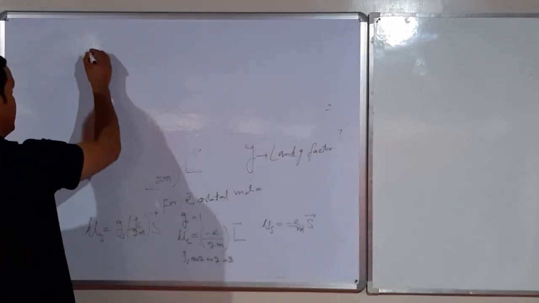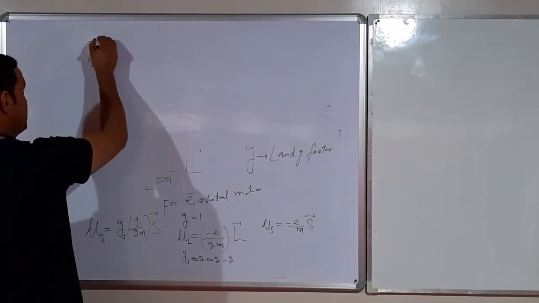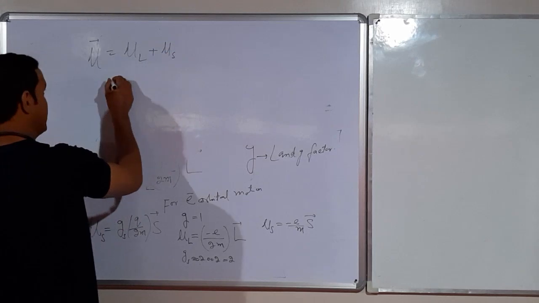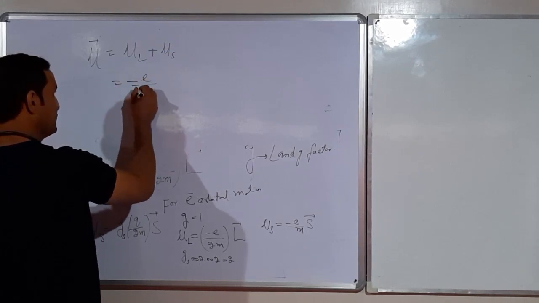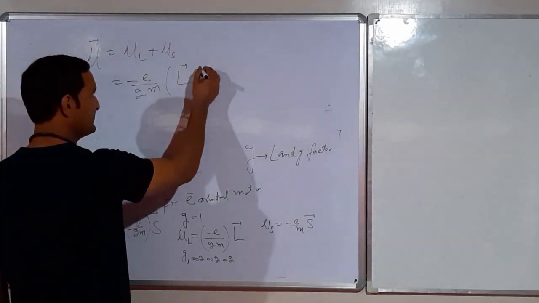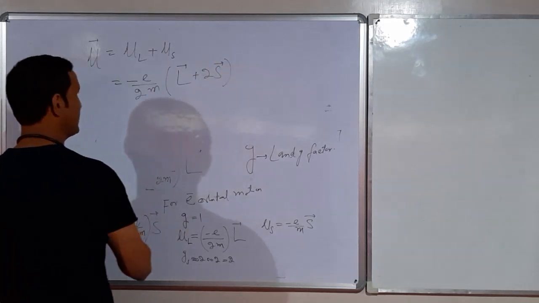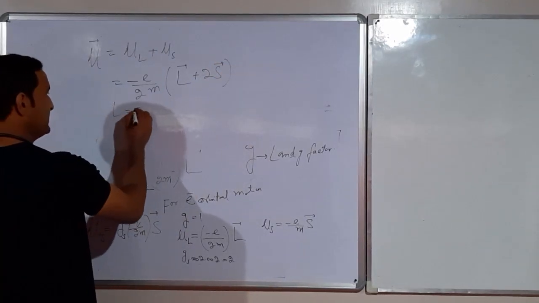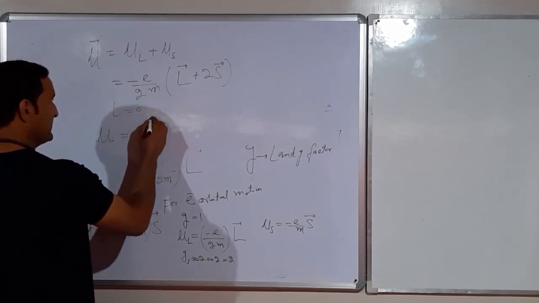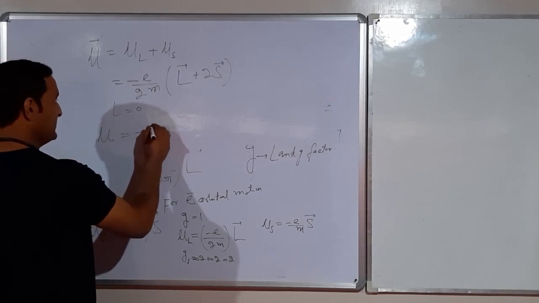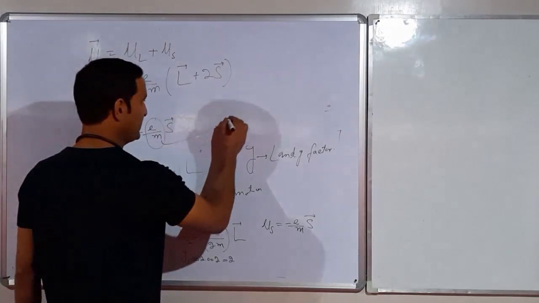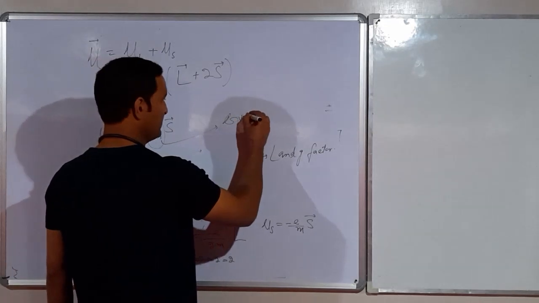The net magnetic moment will be equal to mu equals mu L plus mu S, equal to minus e upon twice M common, and there remains L plus twice S. So if L equals 0, there is only a spin magnetic moment. Mu due to spin will be represented by minus e upon M into S. This e upon M is called the gyromagnetic ratio.